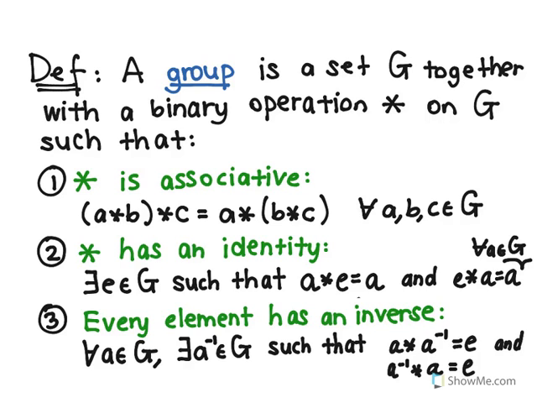And also, if I do A inverse star A, I'll get the identity. If you think back to your experience from linear algebra with matrices, this might feel a little bit familiar. Remember, if you multiply a matrix by its inverse, you get the identity matrix. Similar idea here.